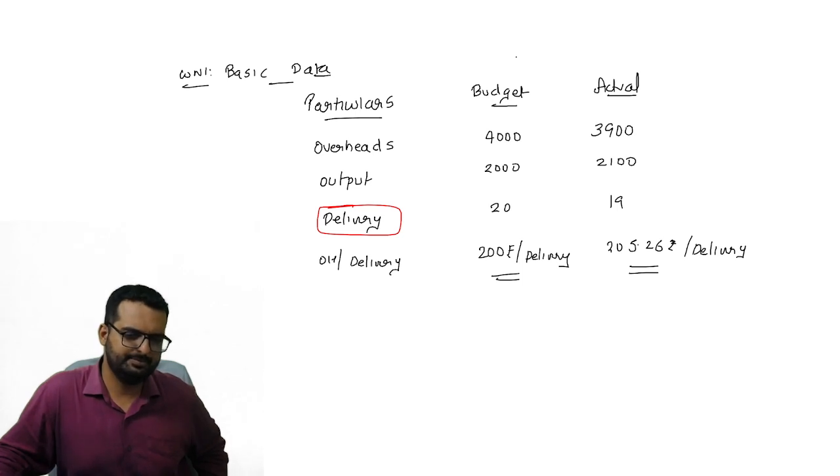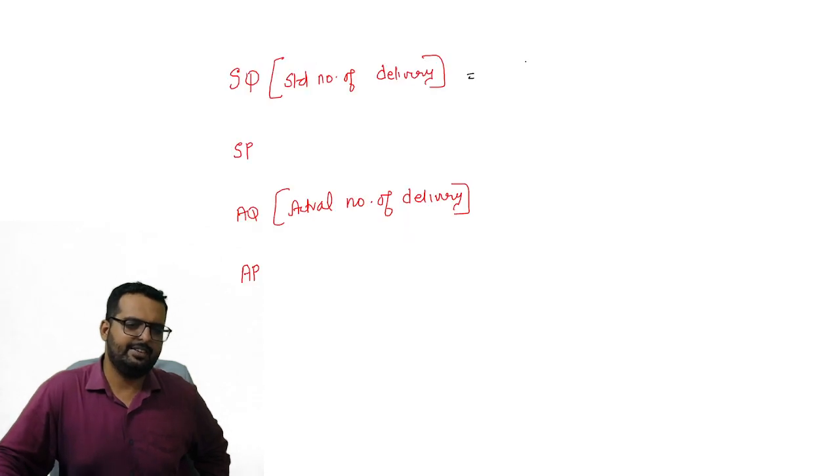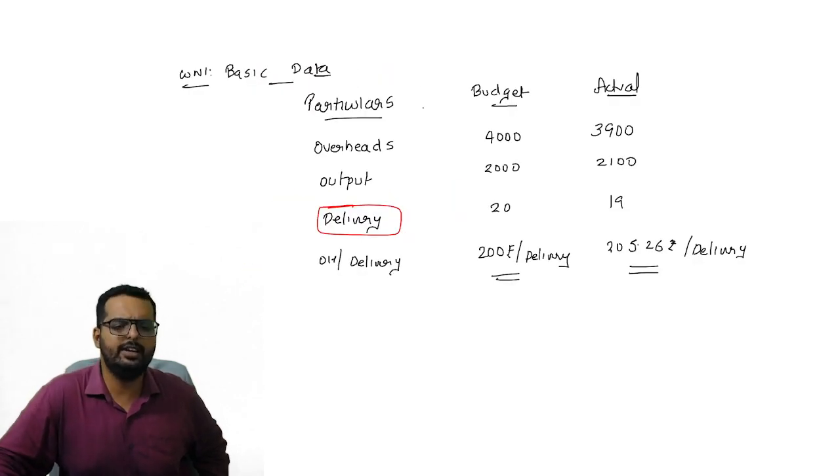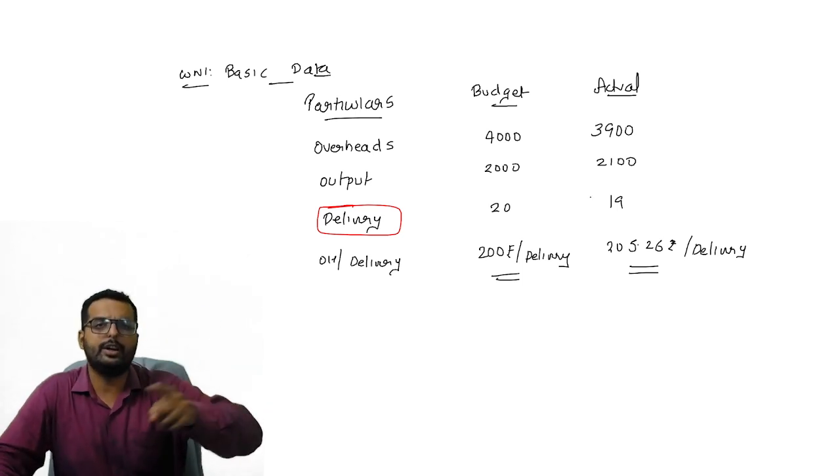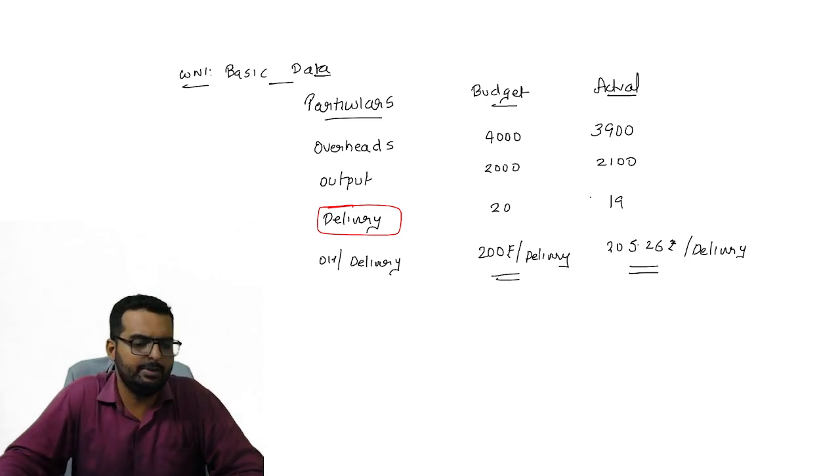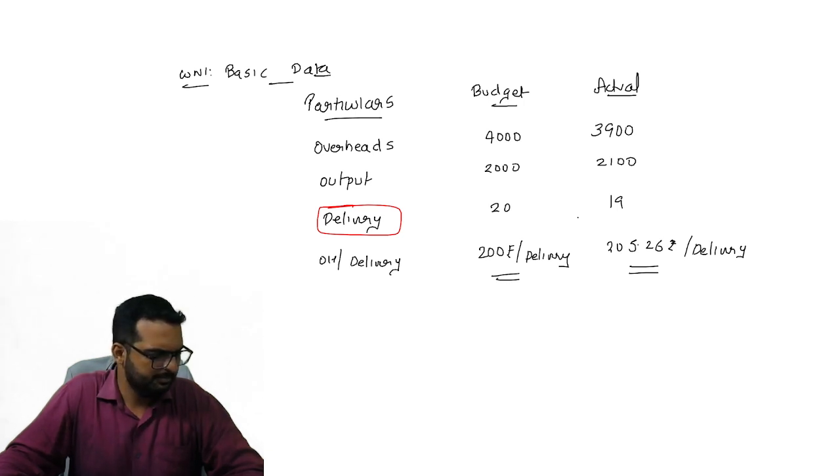No. SQ is standard number of deliveries. Here the budgeted number of deliveries is 20. Actual deliveries is 19. How will you find out the standard? Ashwini, you got it right. Others also think and tell me how she got 21. So Diksha also got it.